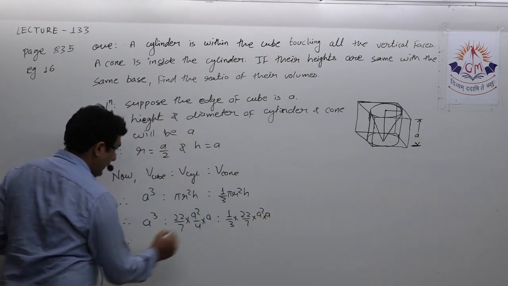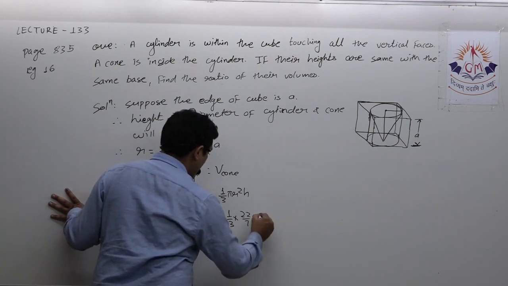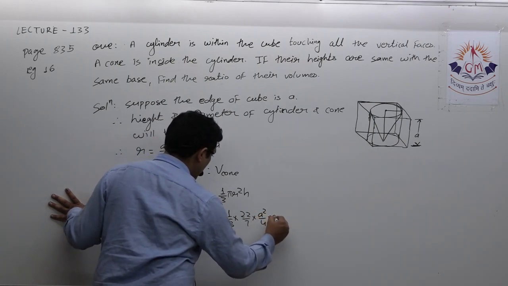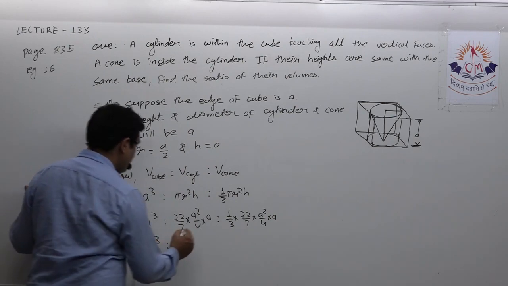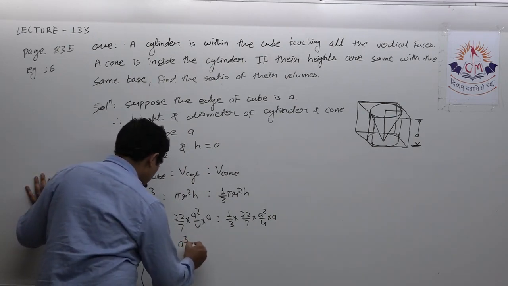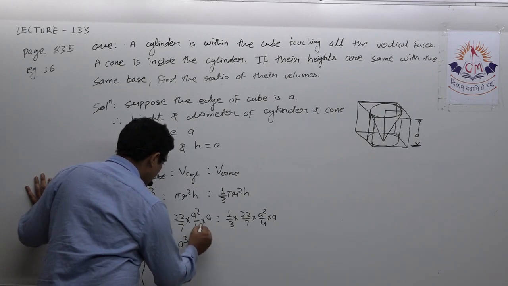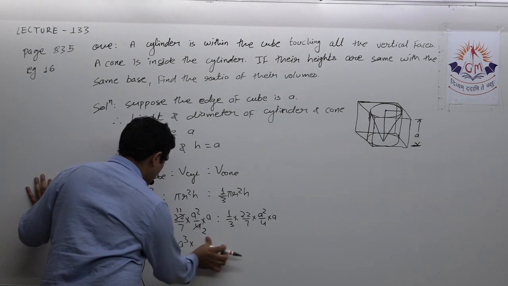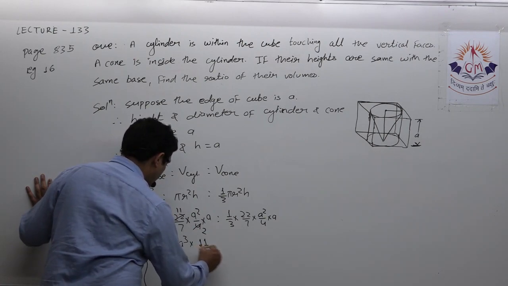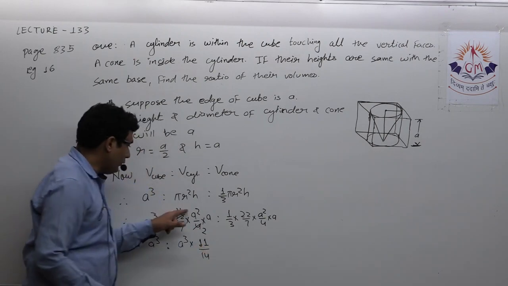Okay, so a square by 4. Here again it will be a square by 4 into a. So here I can say I have a cube is to a cube multiplied by, here I can cancel this 2, 11. So it is equal to 11 upon 14 a cube.